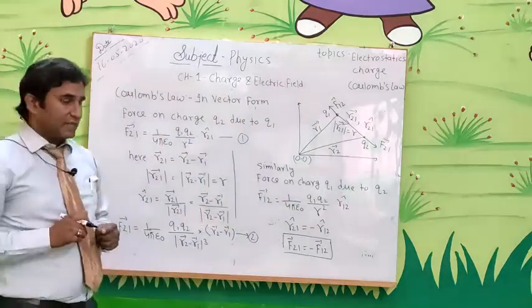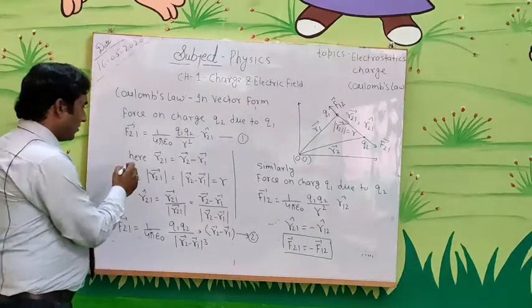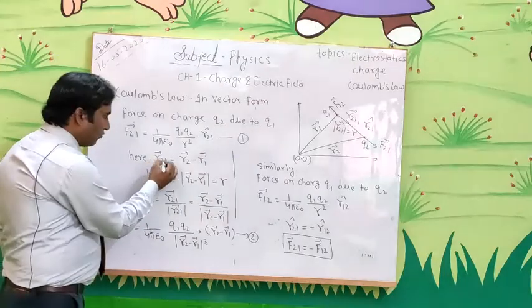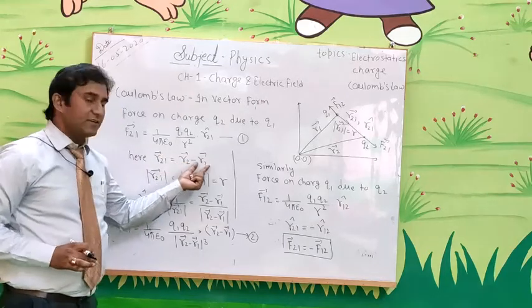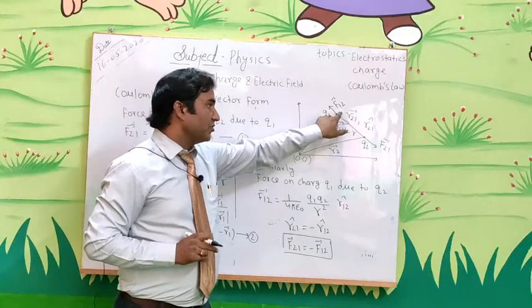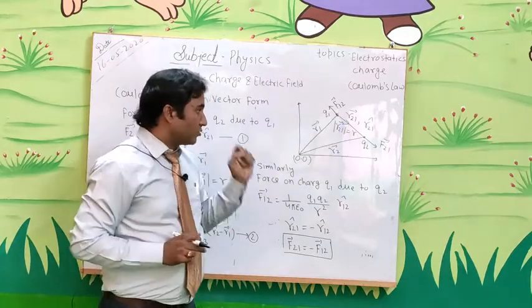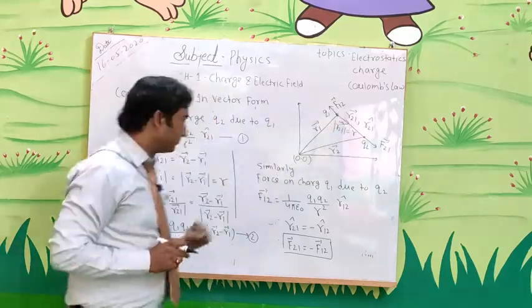Now we can see a different form of this law. Here the vector R21 equal to R2 minus R1, that means final position minus initial position, if we want to find the force on the charge Q2 due to charge Q1.